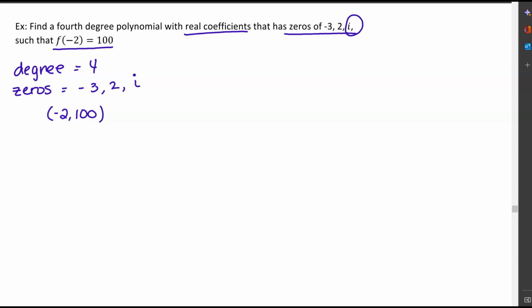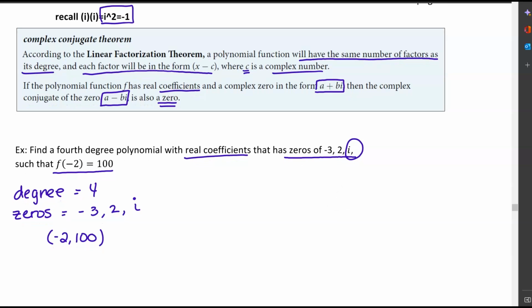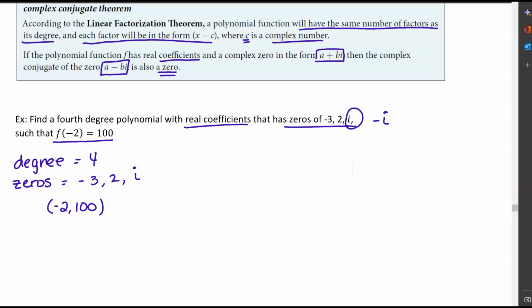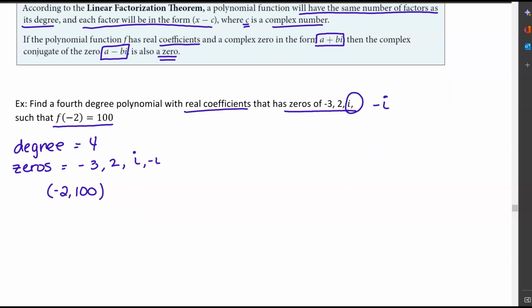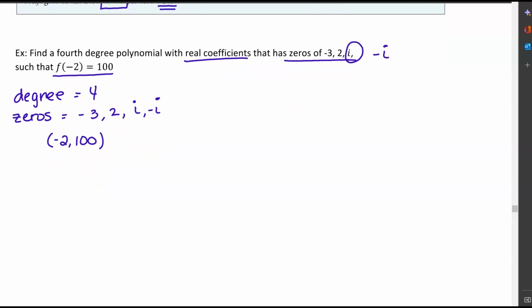So now because i is a value, what this theorem here is telling me, the complex conjugate theorem, is that if i is a value, so is its conjugate. So what's the conjugate of i? It would be -i. So that tells us that that's the fourth root right there, that -i. So let's go ahead and find the polynomial.